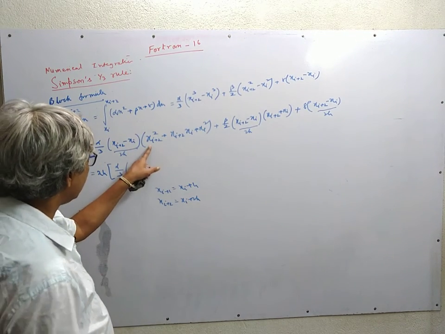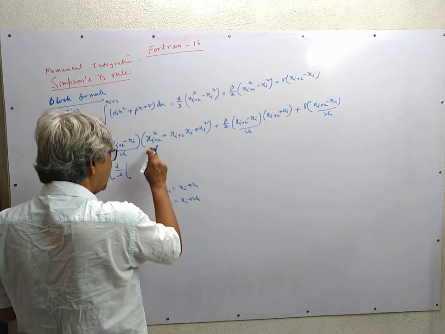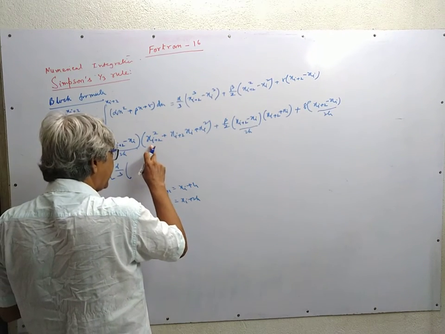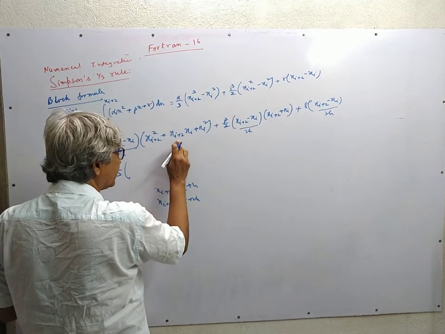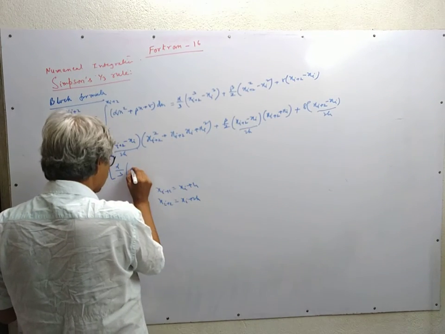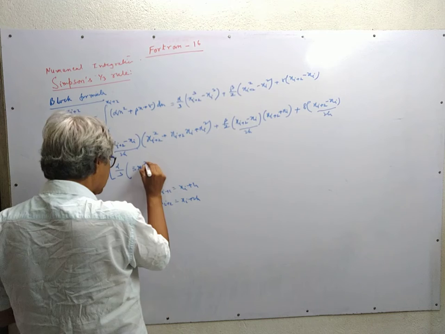So from this term we get xi square. Here is an xi square, here is an xi square, 3 xi square.